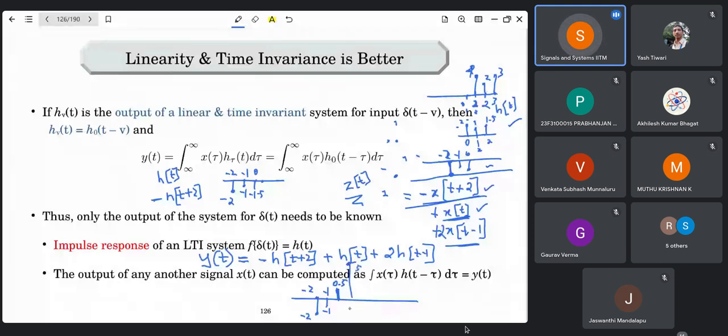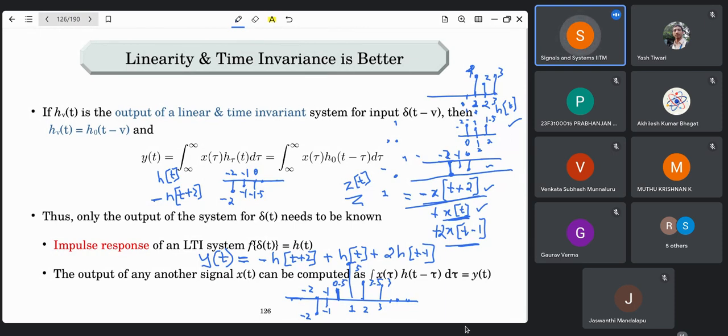So at 1 you will have 5. And at 2, you would compute this 1.5 added with this 2, so you'll have 3.5. And at 3, there is only 3 and nothing else. So there is 3 at this point and 0 everywhere else.